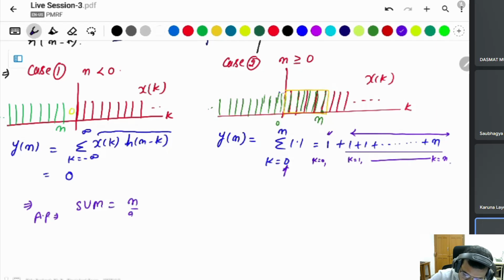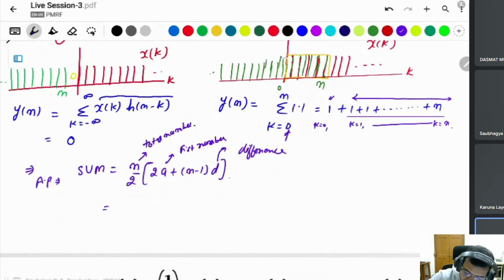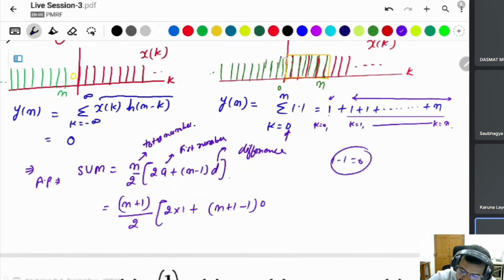In an AP series, the sum is equal to n by 2 times (2a plus (n minus 1) times d), where d is the difference, a is the first number, and n is the total number of terms. Here n is n plus 1, so n plus 1 divided by 2, the first digit is 1, 2 into 1 plus n, and d is 1 minus 1, which is 0.